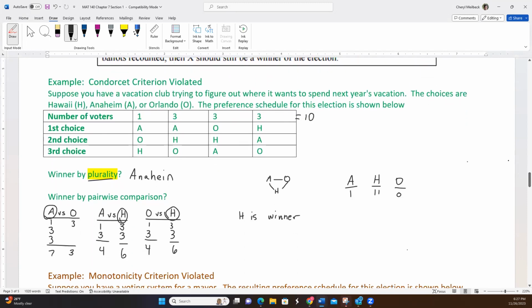So here, if this vacation club decided to go with Anaheim, they would be violating the Condorcet criterion because in head-to-head comparisons, Hawaii is the winner in 4 cities. Anyway, so that's how that worked. And that was us practicing doing plurality and pairwise comparisons.